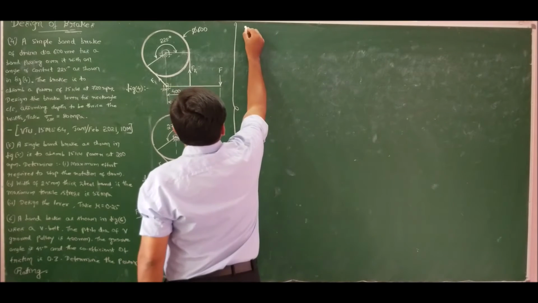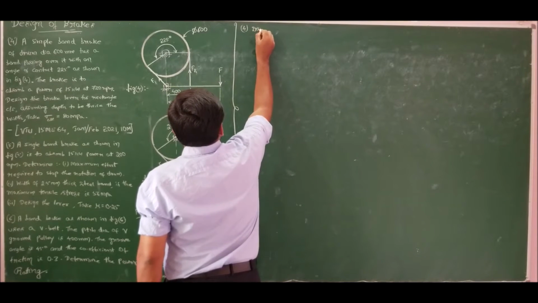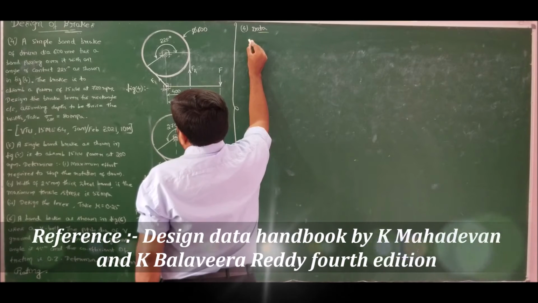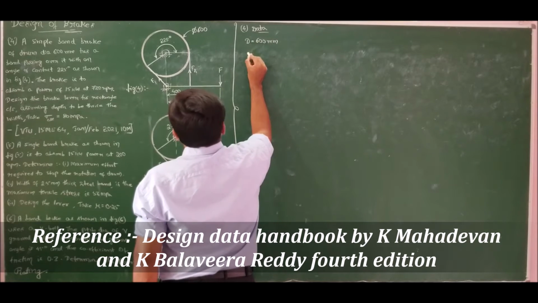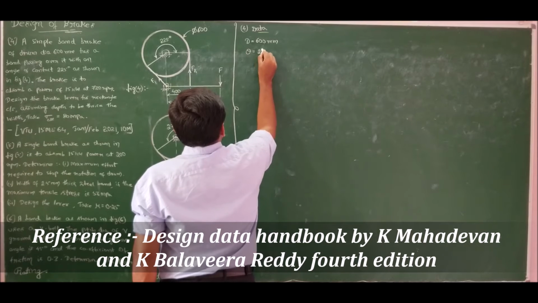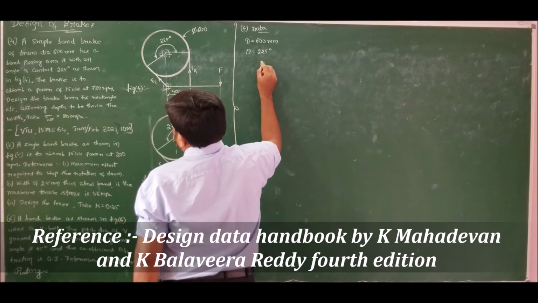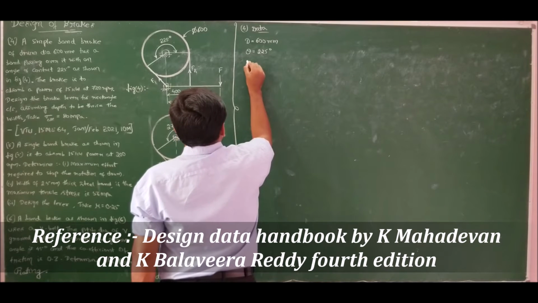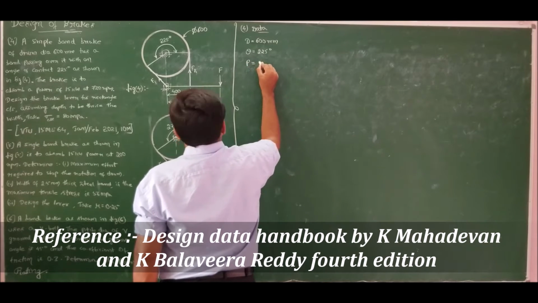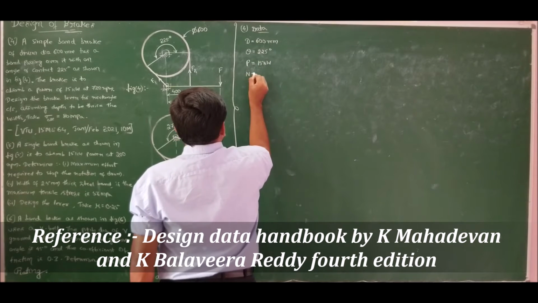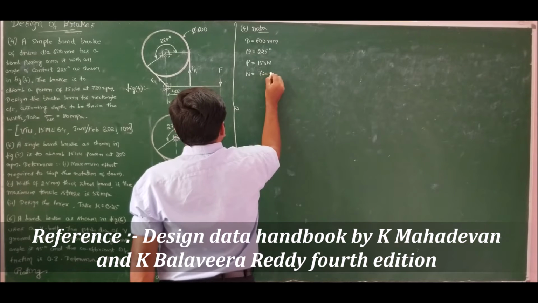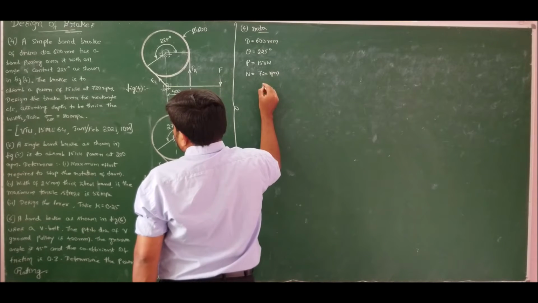Moving to the data given for problem number 4: a simple band brake with a drum diameter of 600 millimeters and the angle of contact theta of 225 degrees, which absorbs a power of 15 kilowatts at a speed of 720 rpm.